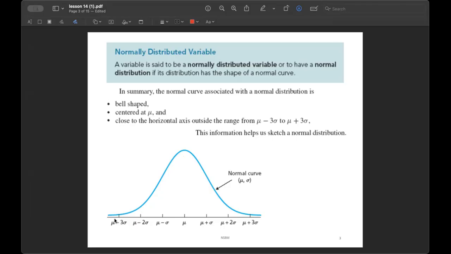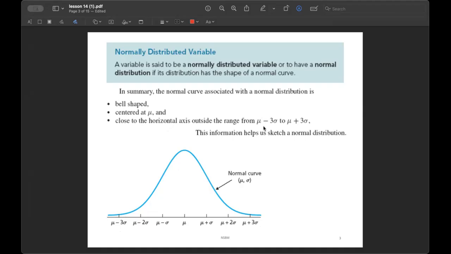Whatever values lie outside this range will be close to the horizontal axis.